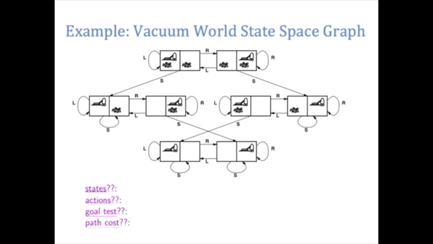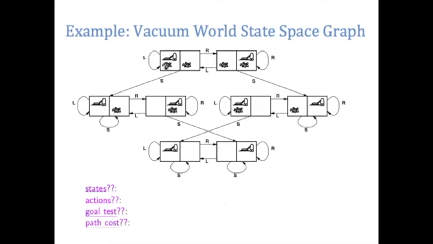So rather than worry about the condition of roads in Romania, let's think about the vacuum world and its state space. So, pretty simple world, and here we can start with a state, for instance, where the vacuum cleaner is in left and both sides are dirty, and we can see what happens.